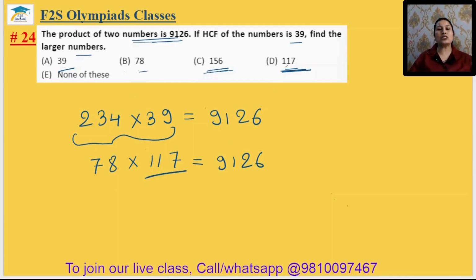And if we check with 156, 9126 is not divisible completely by 156. So in the available options, option D is the larger number. So 24th answer is option D.